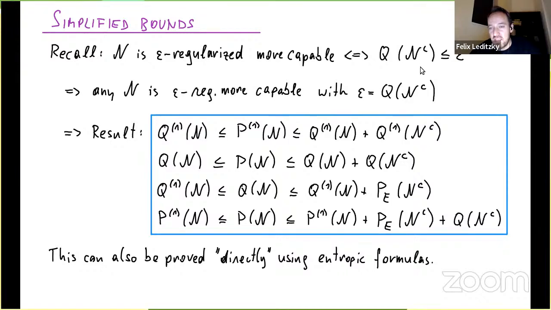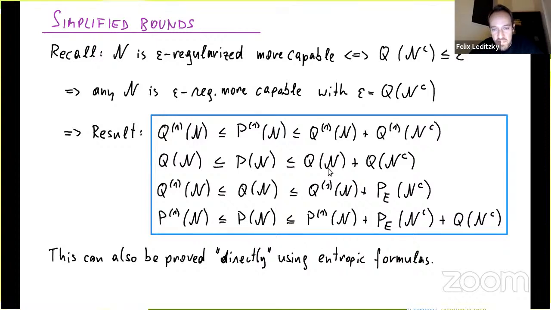Okay, and then immediately these bounds turn into a rather nice form. So for example, for epsilon regularized more capable, if we just choose the epsilon to be the quantum capacity of the complementary channel, then every channel is epsilon regularized more capable. Yeah. So it sounds a little vacuous, but it actually leads to very nice capacity bounds that are all phrased in terms of capacities itself.